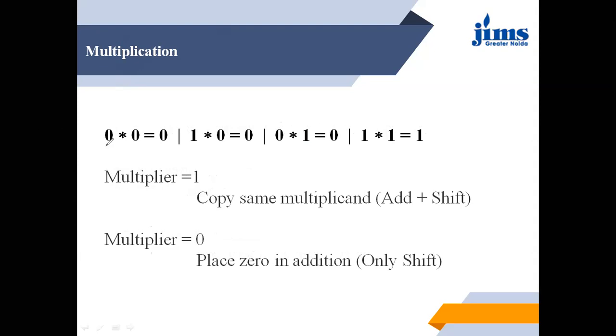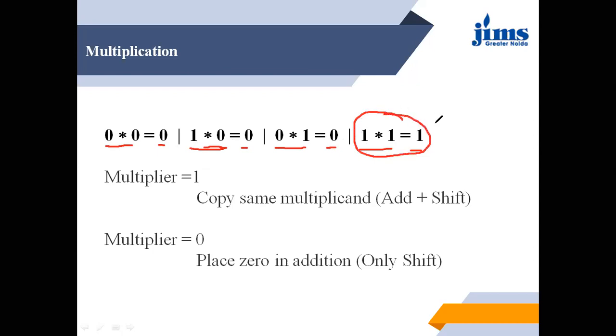So 0 multiplied by 0 is 0, 1 multiplied by 0 is also 0, 0 multiplied by 1 is also 0, and 1 multiplied by 1 is 1. So we have to keep in mind that when both the numbers are 1, we get a 1 after multiplication. Otherwise, in all the cases, the result of multiplication is 0.